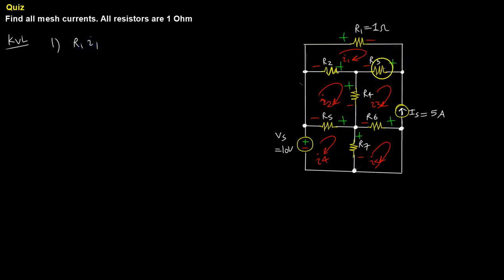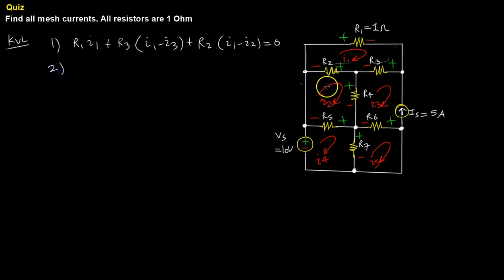I'm going to go to the right and see a plus R3 times I1 minus I3. I'm going to continue and see a plus R2 times I1 minus I2. Hopefully it's clear by now.